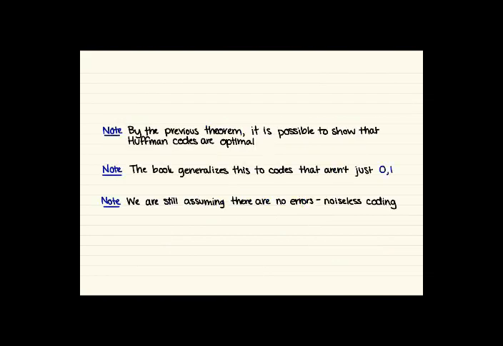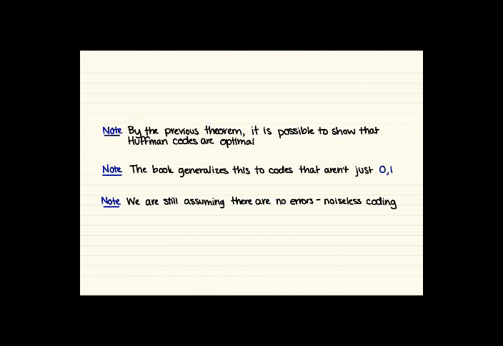So a few notes here. By the previous theorem, it's possible to show that Huffman codes are optimal. So we saw that demonstrated by that example, but it's also possible to formally prove this. This is proven in the text if you want to look at that, or you can find other sources which prove that Huffman codes are optimal when we consider them with that measure.